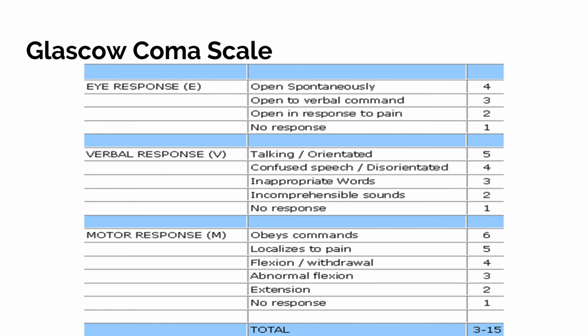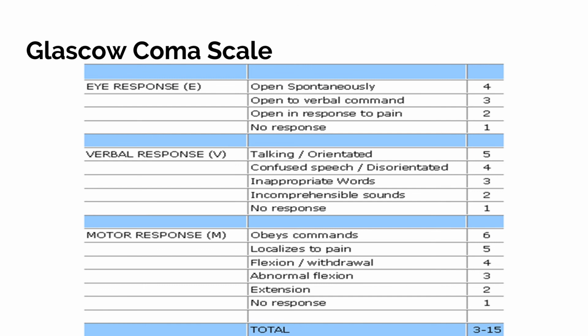So when we're talking about abnormal flexion on the motor response, flexion or withdrawal, either one of them really, it depends when they're stimulated, either to pain or any kind of stimulation.